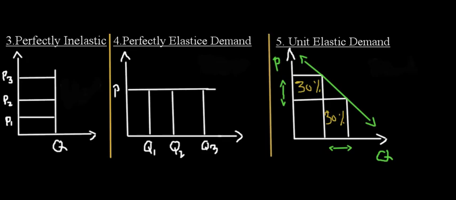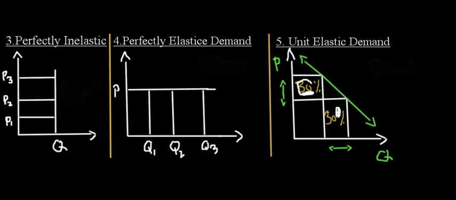Lastly, in unit elastic demand, a change in price will cause an equal proportional change in quantity demanded. In the figure, we see that the width of this area is equal to the width of this area.